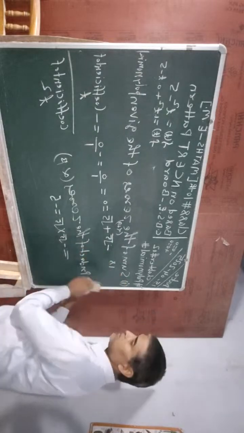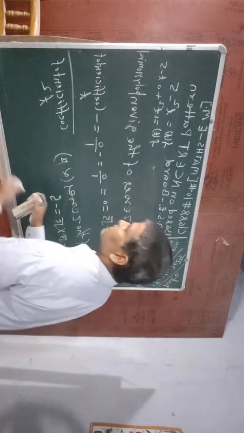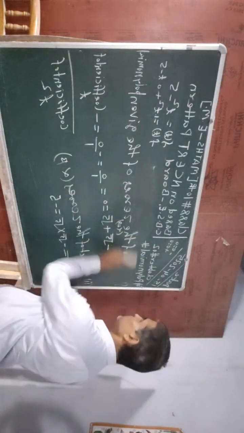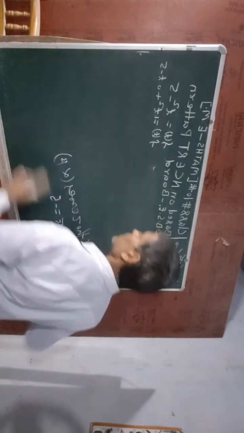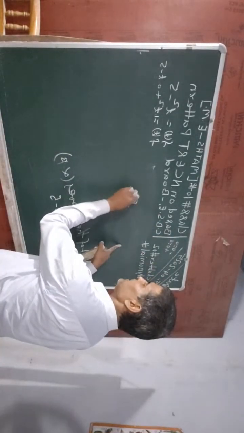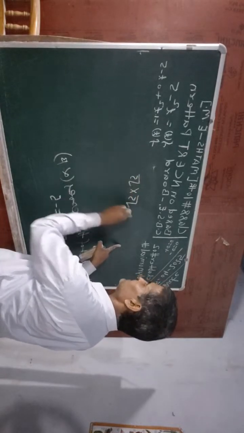Now this one I am going to calculate. I am going to remove this one, so we can explain easily. Now here root 5 is available, and here root 5 is also available, and the minus sign is here.